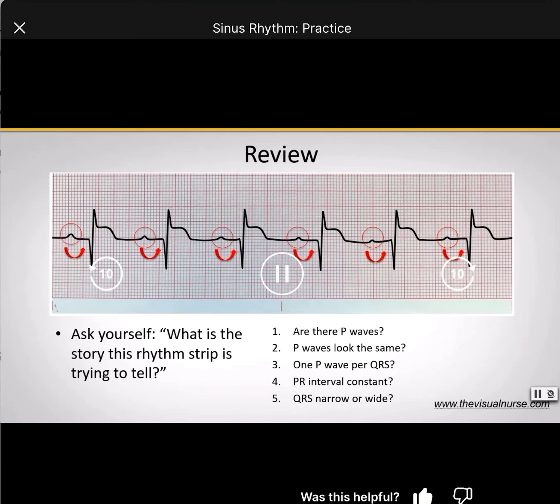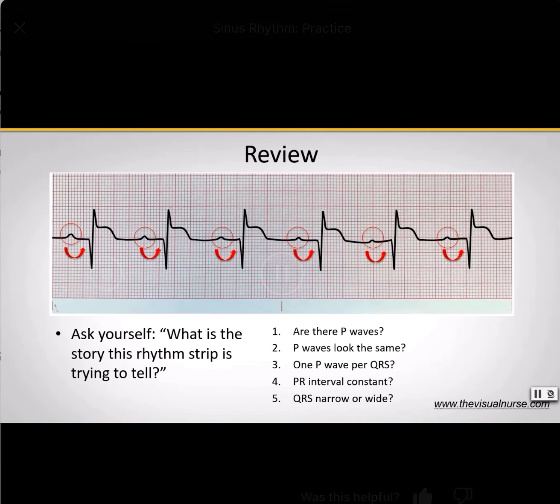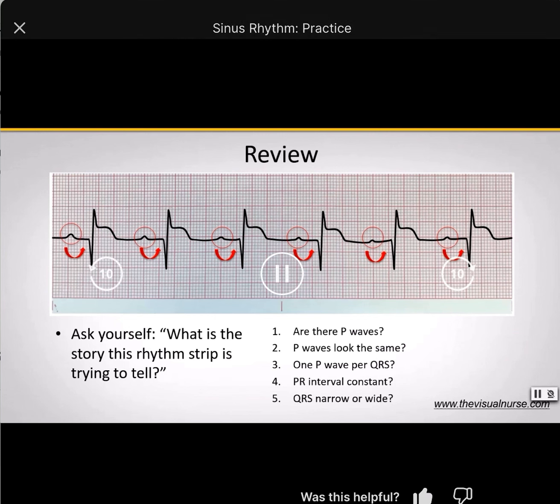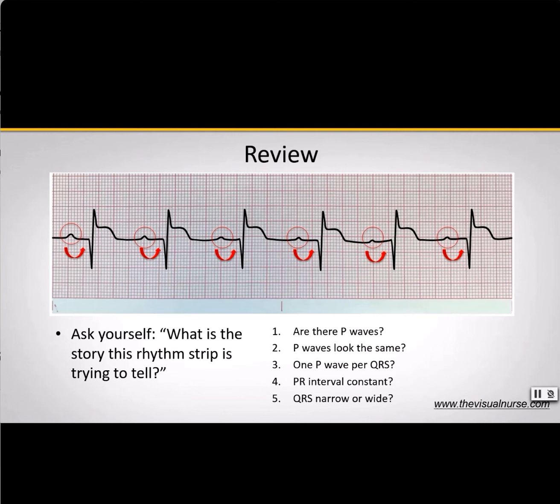Okay? Now, the last question we can ask ourselves is the QRS complex narrow or is it wide? In this example, we have a narrow QRS complex. So that tells us, again, that the impulse must be originating from above the ventricles. Anytime you have a narrow QRS complex, the impulse is originating above the ventricles.